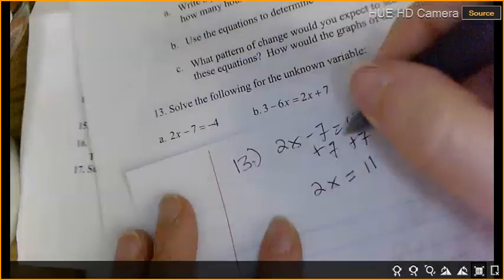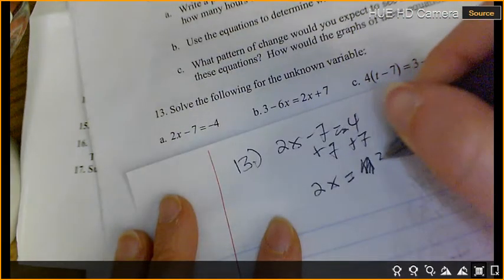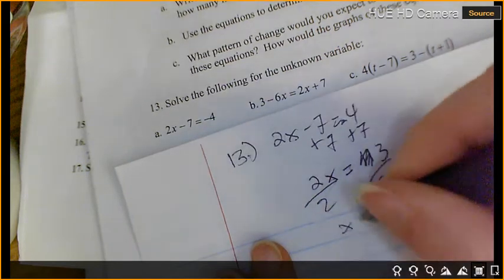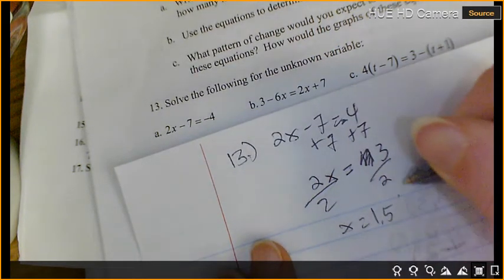Oh, it's negative 4, I'm sorry, you're right, it's positive 3. And then divide both sides by 2, x equals 1.5 or 3 over 2. You can leave it either way.